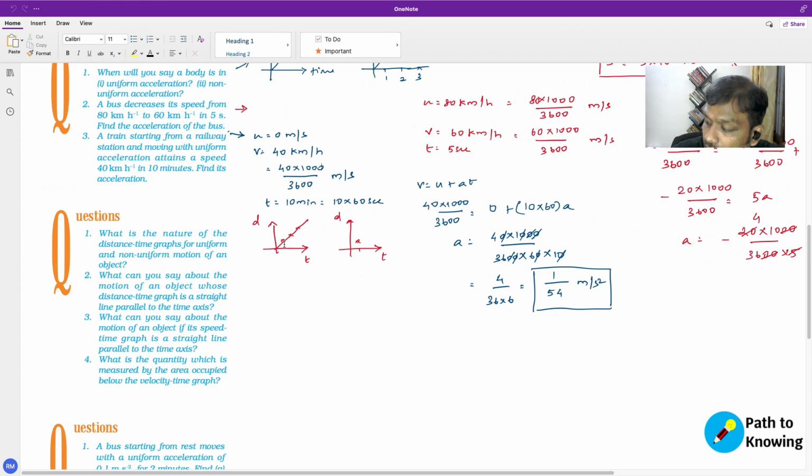If it is accelerating, between 1 and 2 units of time it will cover more distance, and between 2 and 3 it will cover even more distance. So your path is going to be curved here. This will be a straight line for uniform motion, and this will be a curve for non-uniform motion. The path is going to be a curve on a distance time graph.